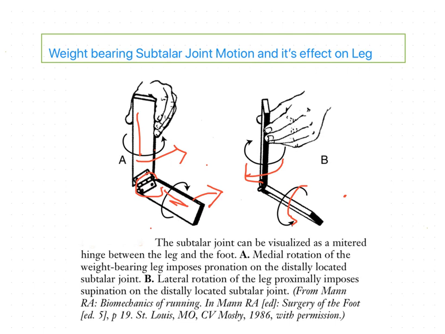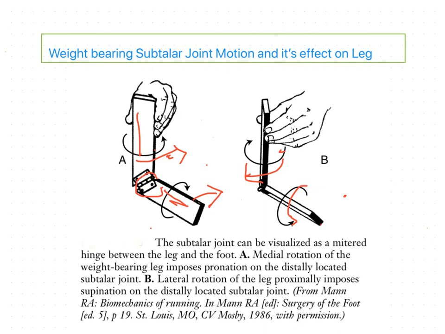So the pronation in the weight bearing of the foot causes medial rotation of the leg, and supination on the distally located subtalar joint causes lateral rotation of the leg proximally.